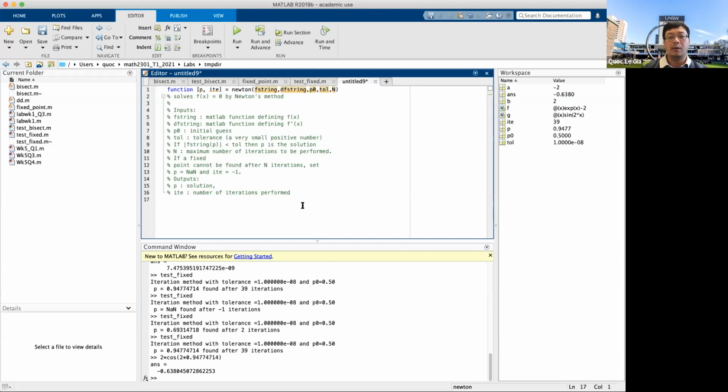We say that, okay, P equals P0. Sorry, for the new P, it should be in front of the if statement.